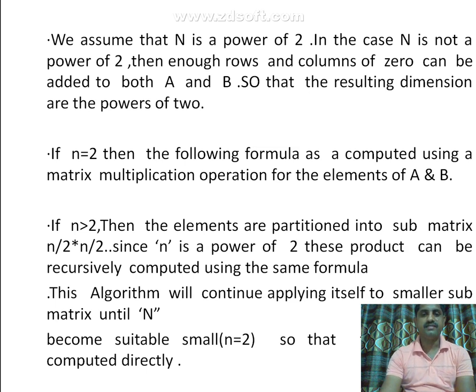Since n is a power of 2, this product can be recursively computed using the formula. This algorithm continues applying itself to smaller submatrices until n becomes small, n equal to 2, so that the product is computed directly.